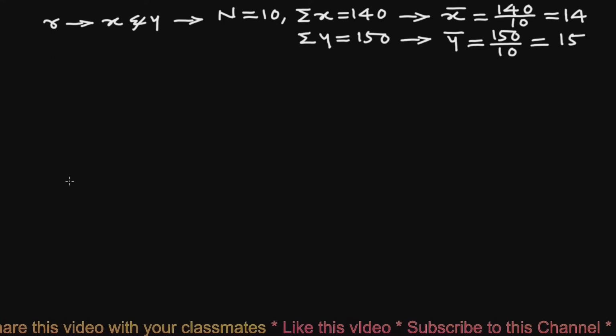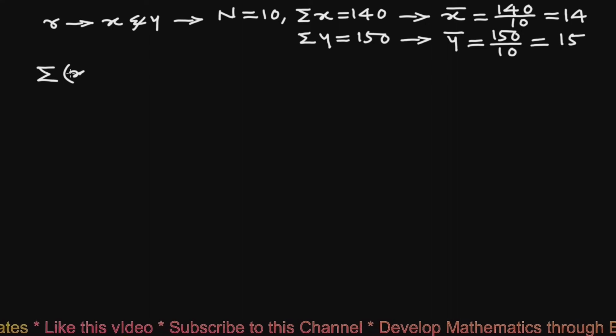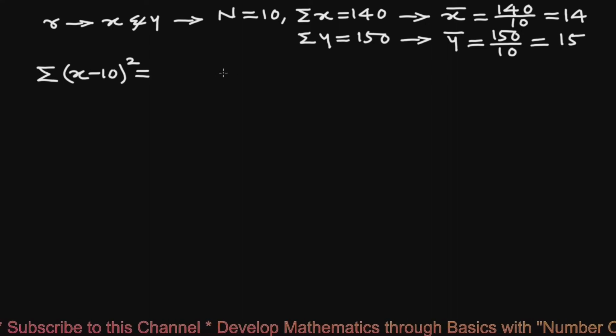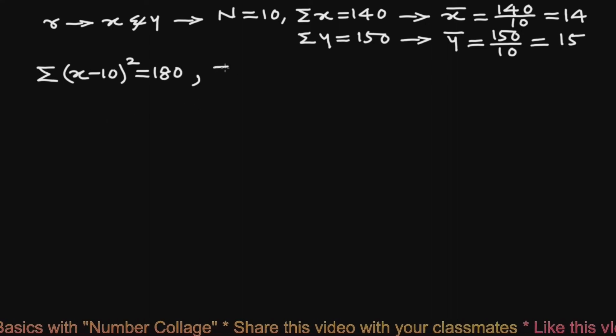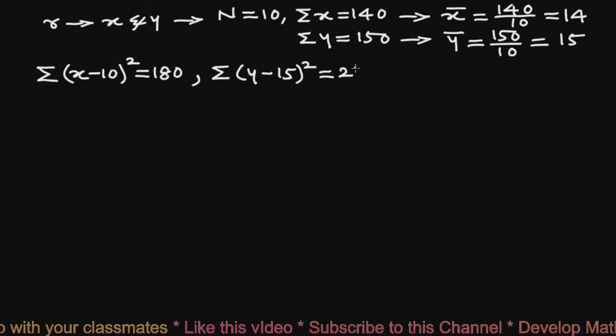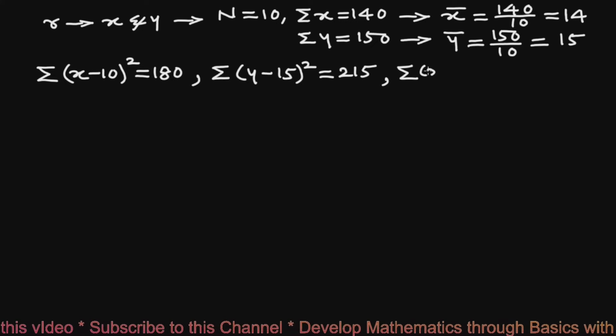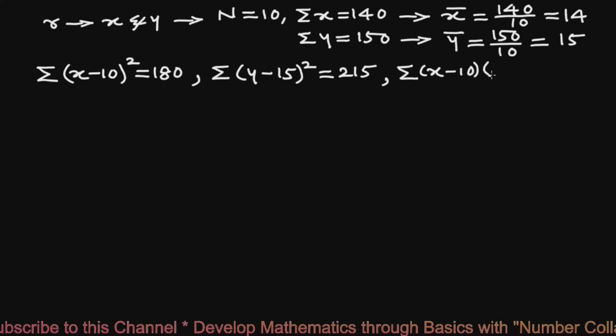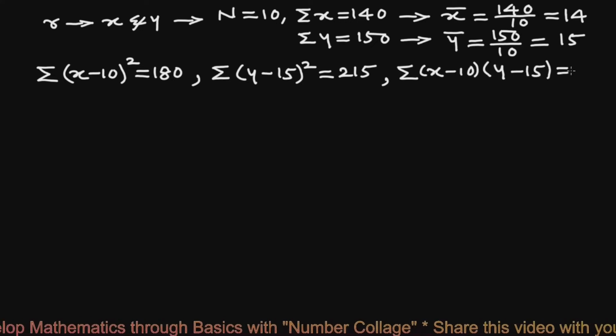Next we are given summation x minus 10 square equals 180, summation y minus 15 square equals 215, then summation x minus 10 into y minus 15 is 60.